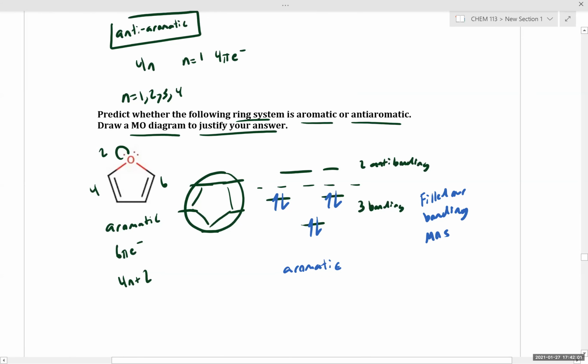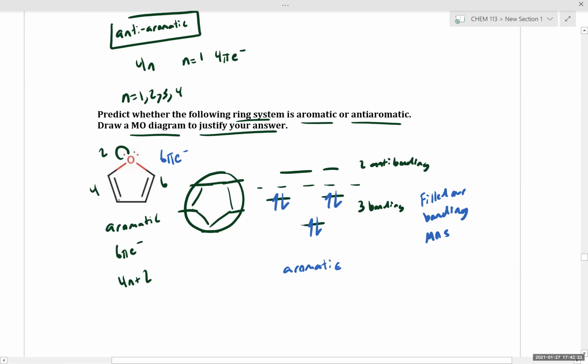I have a question. Yes, please go ahead. I'm confused on how you know that there's only bonding electrons to fill in the diagram. Well, if we have 6 pi electrons, we use our 6 pi electrons to fill in our molecular orbital diagram for our molecular orbitals generated from our various p orbitals.